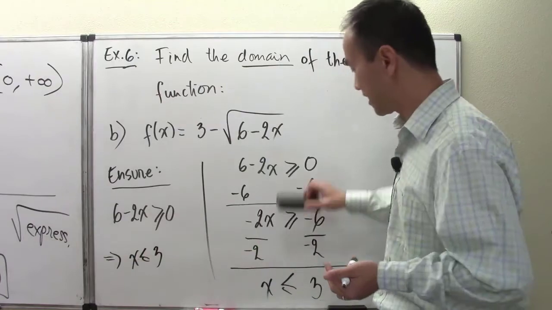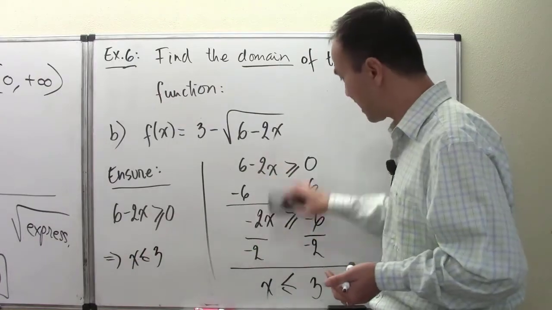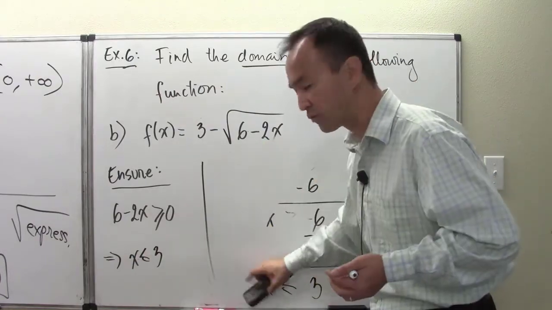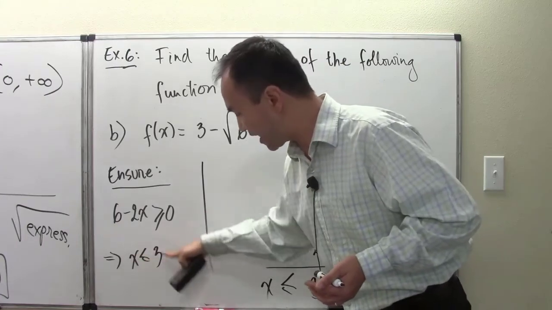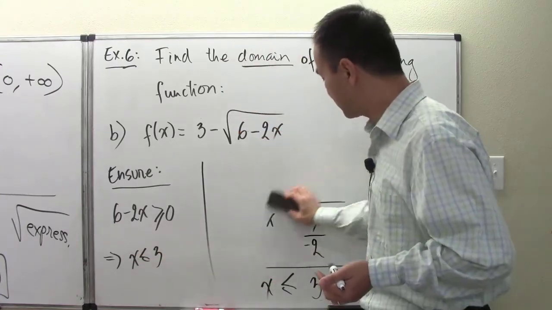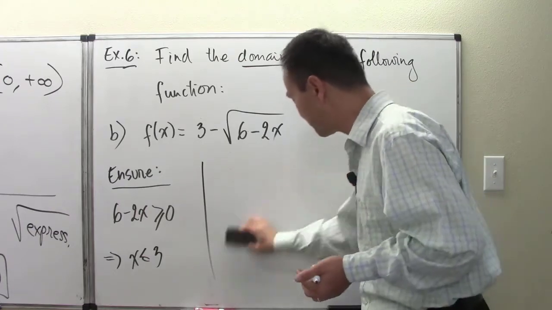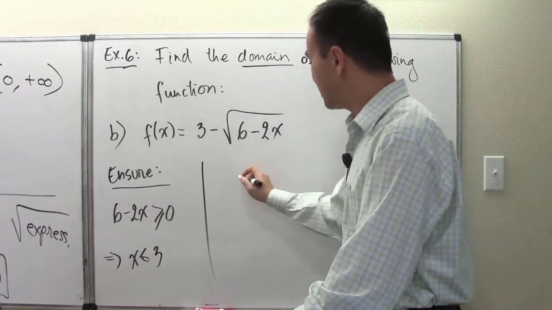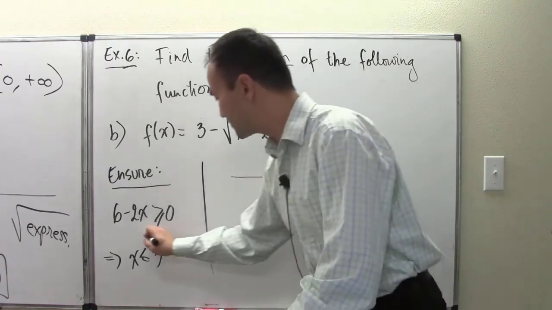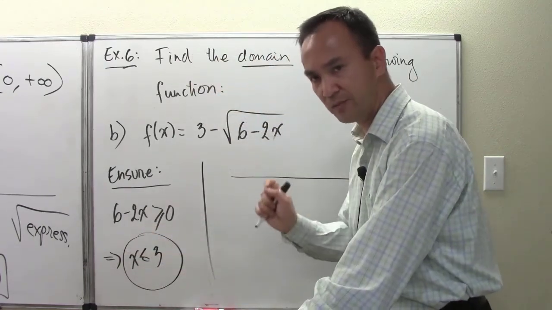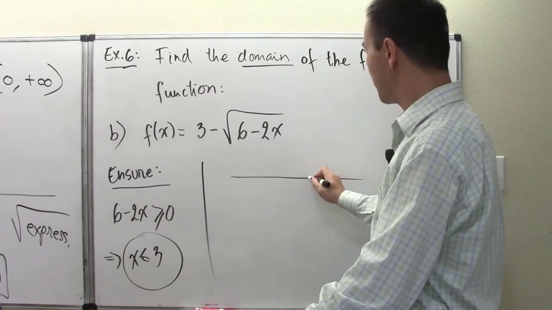So that's our work, and you can also write this work out here. I'm short of space, so I have to write the final answer, x less than or equal to 3, in that little space and erase this part of my board. Now imagine that we know our goal: we need to be looking for x less than or equal to 3.